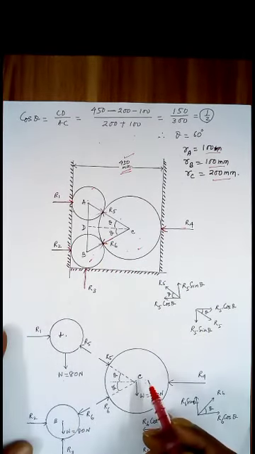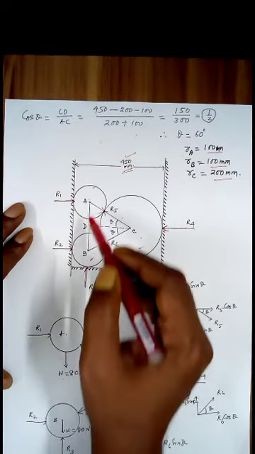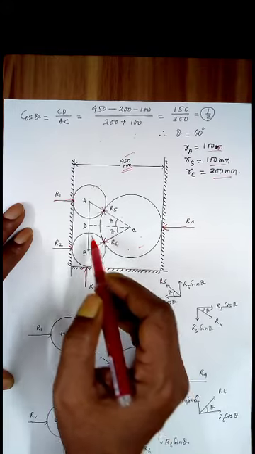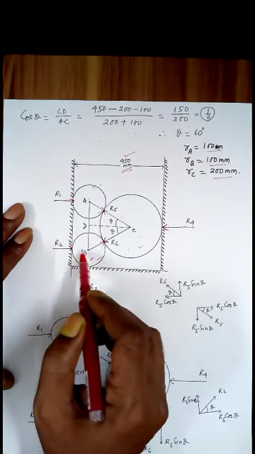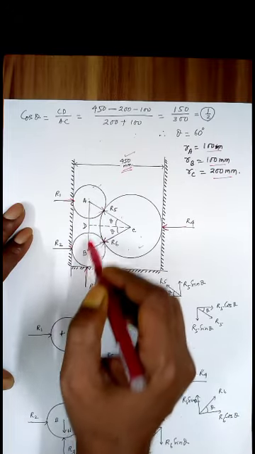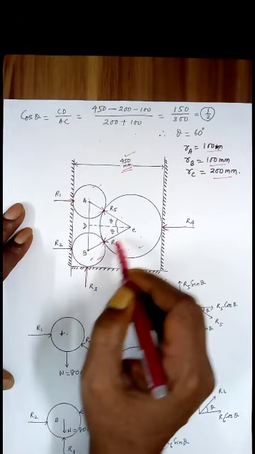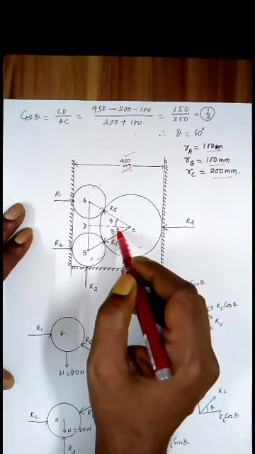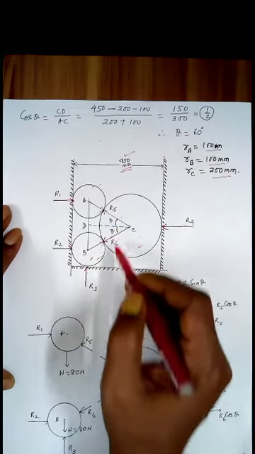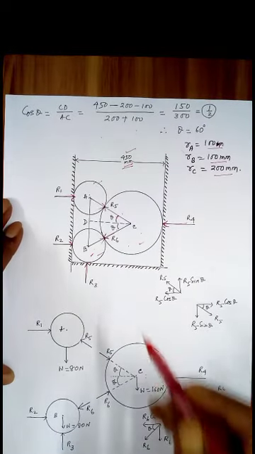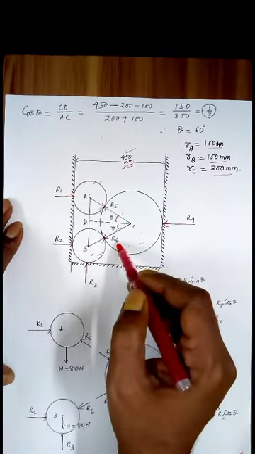Now look, since this cylinder and this cylinder are identical, meaning the radius is the same, the distance from this point to this point and from this point to this point are the same. So when A and B are connected, they will be in a straight line. From here, draw a perpendicular. Now let this angle be theta and this angle be theta, right? This theta will help you find the components of the reaction forces R5 and R6.